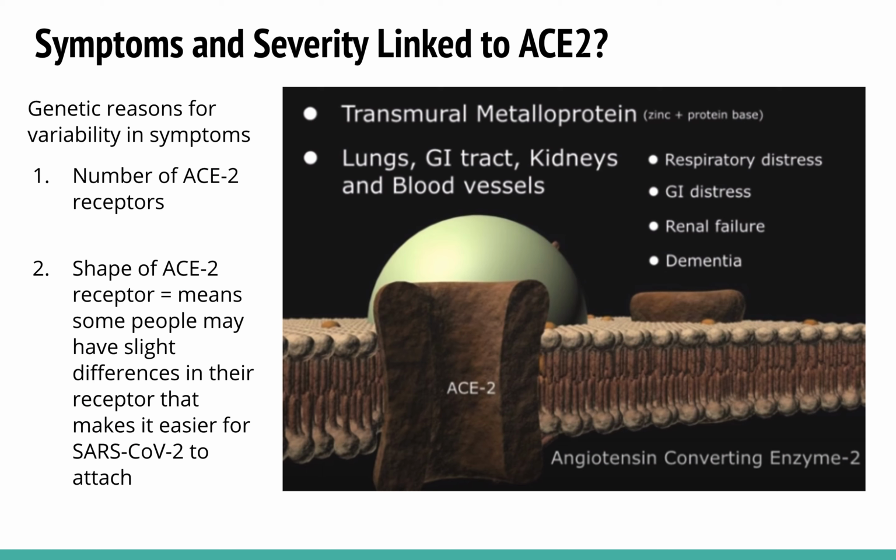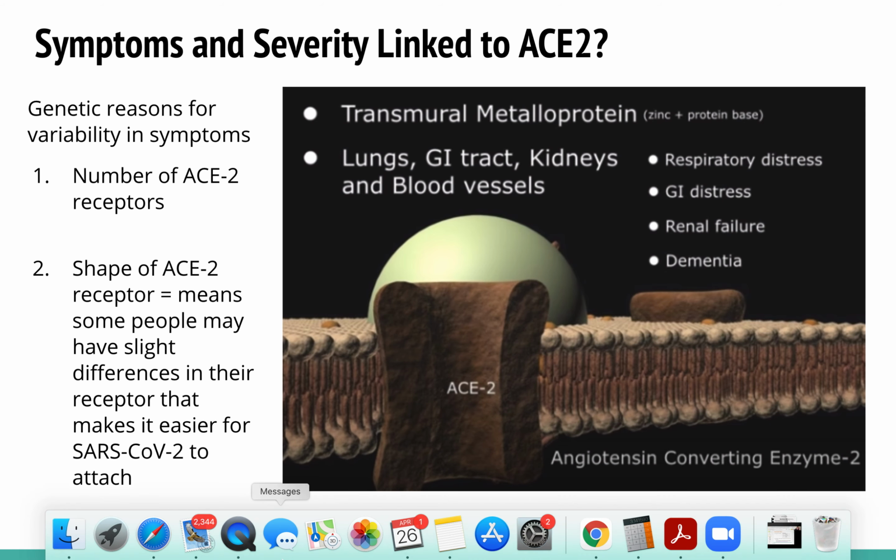All right. In addition to that, there is a genetic factor to potentially getting a severe illness from COVID-19. Some people genetically just express a lot of ACE2 receptors, and sometimes the slight variation of how you form your ACE2 receptor might be particularly good at connecting and being vulnerable to the COVID-19 spike, right?